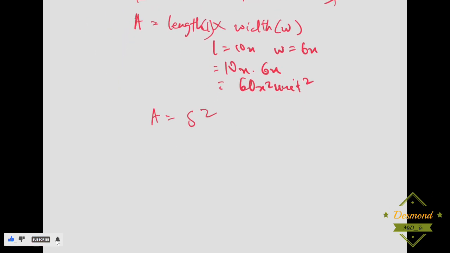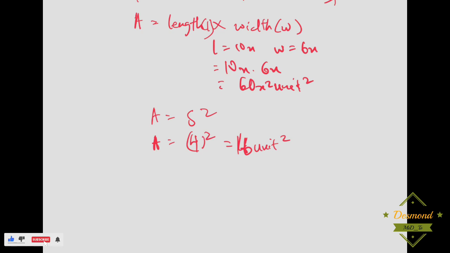So let me just go back. To find the area of each portion, A is equal to s squared, right? So the area of the square is 4 squared, which is 16 units squared, right?